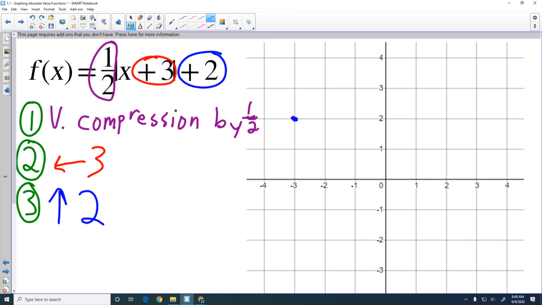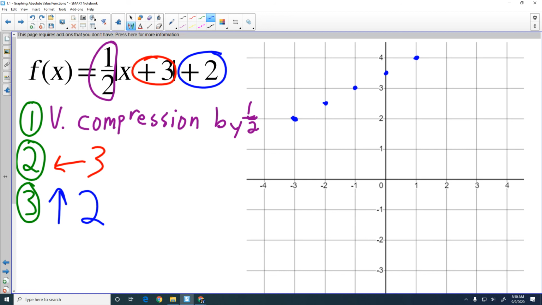It's half of the original distance. So right 1, up 1/2. I'm going to continue that pattern. From this point, I'm going to go right 1, up 1/2. It's only going up half the distance every time. Right 1, up half, right 1, up half. So it should make it all the way to the point 1, 4.